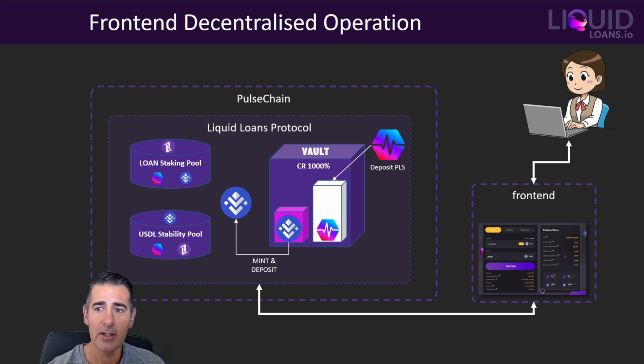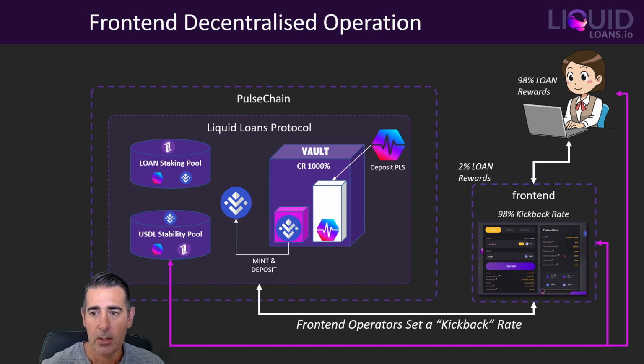So let's dive in a little bit to how and why there might be multiple front ends. So what would incentivize someone to run a front end? Let's have a look. So in Liquid Loans, the front-end operators can set what is called a kickback rate. It's a way of being able to generate some revenue from the service of providing a front end.